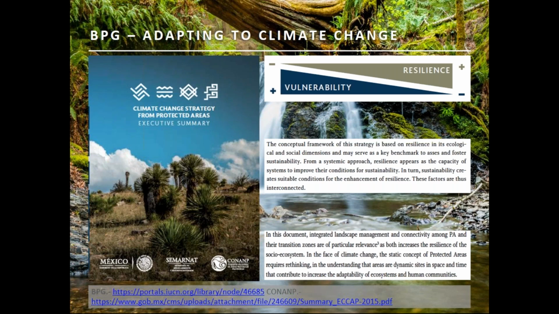So it changed the logic of the strategy to a climate change strategy from protected areas as a solution to climate change. And it had four main pillars of work. The first pillar was cooperation and coordination, the second a landscape approach, the third knowledge, and the fourth governance and participation.